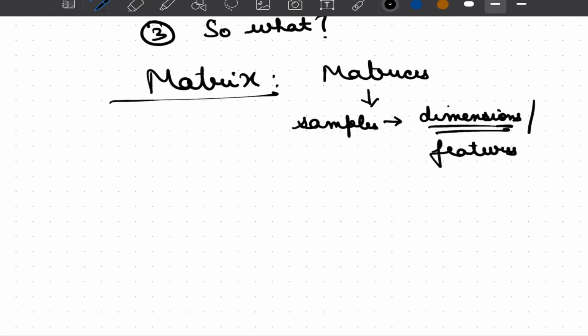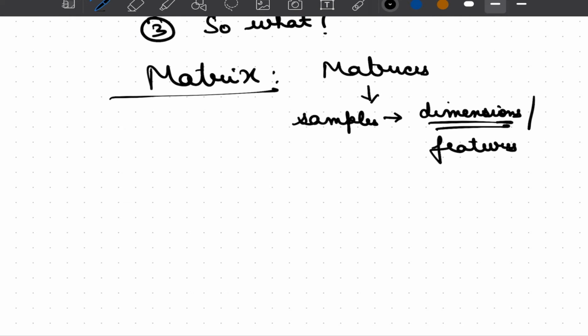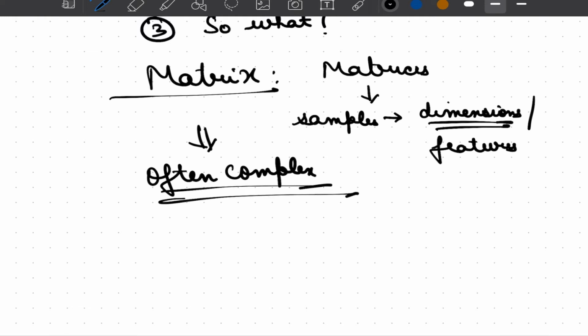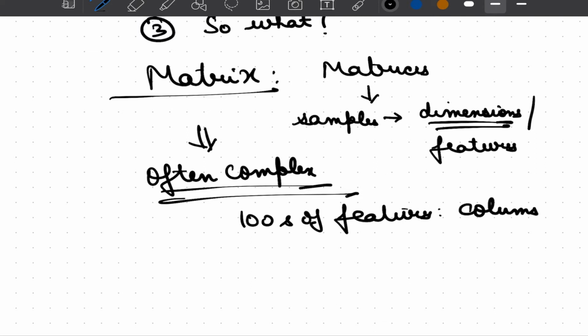Also, once we realize that this data can be represented in the form of matrices, these representations are often complex. We will be dealing with multi-dimensional data with sometimes hundreds of features, and if we arrange these features along the columns, then we will also deal with millions of samples.